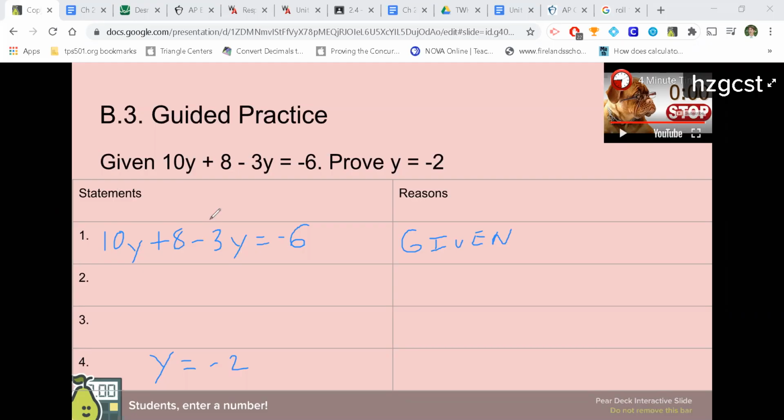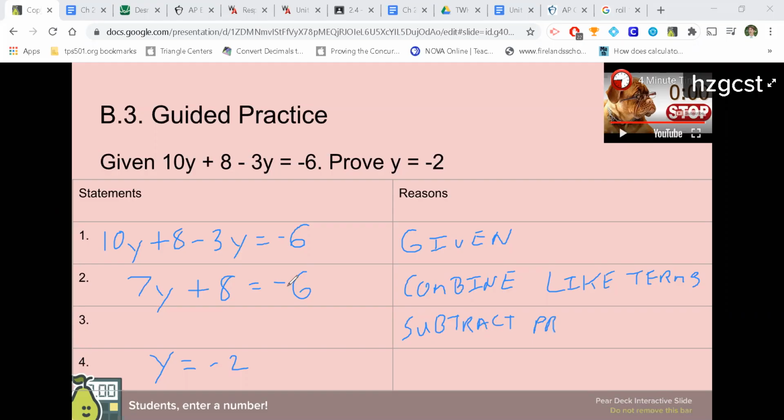10y minus 3y is 7y. How I got that was combining like terms. Step 3 for me would be to subtract 8, and that would give me negative 14.